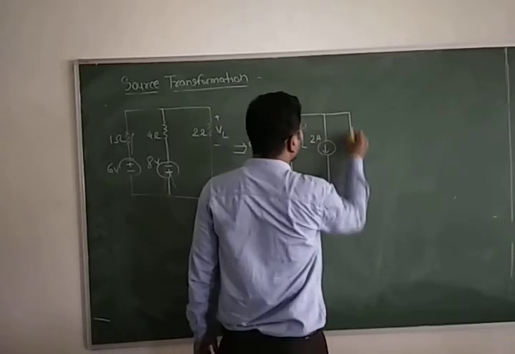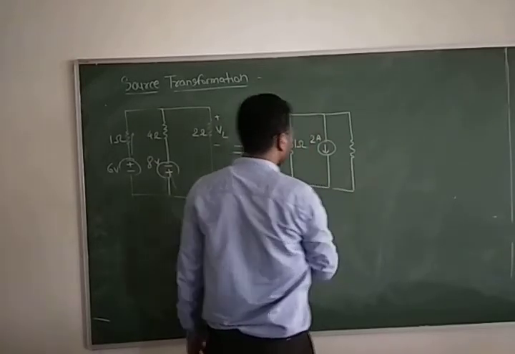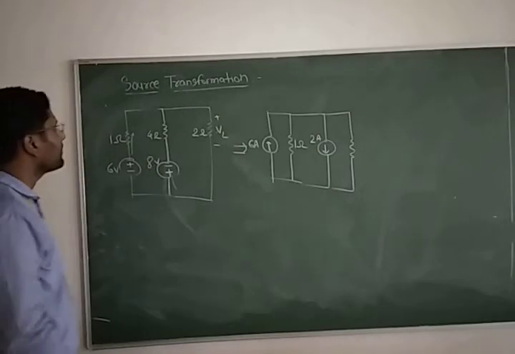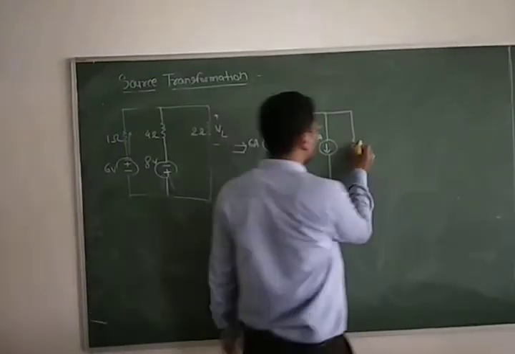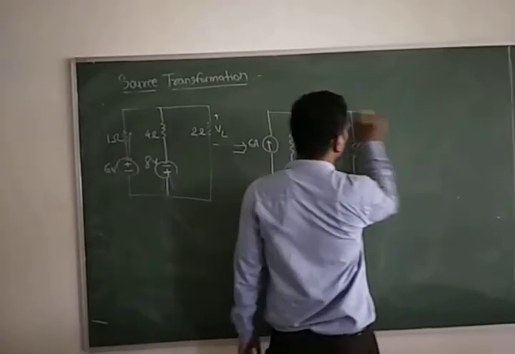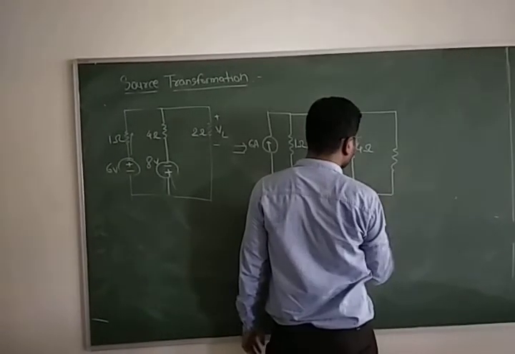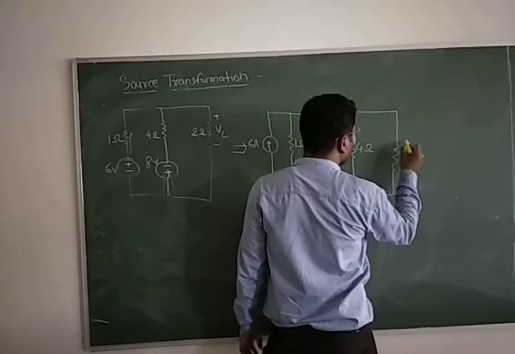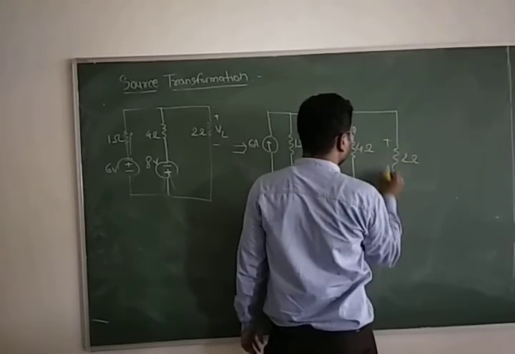And you have to write the resistance as it is. What is the value of resistance? That is 4 ohm. And next, that is the 2 ohm load resistance. You don't have to change that 2 ohm resistance. I told you why.